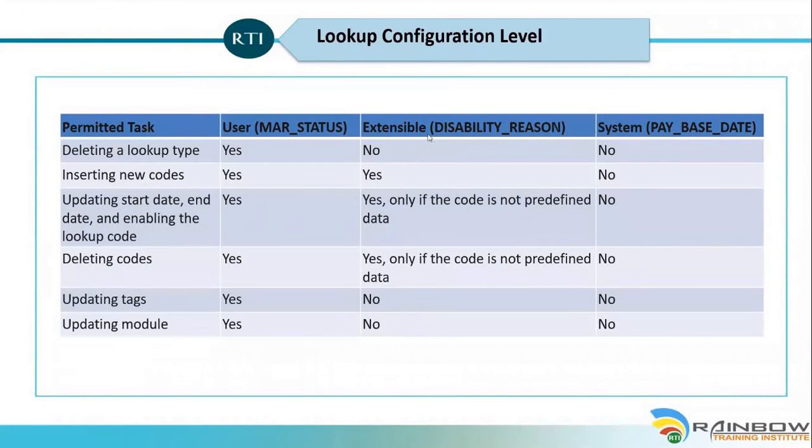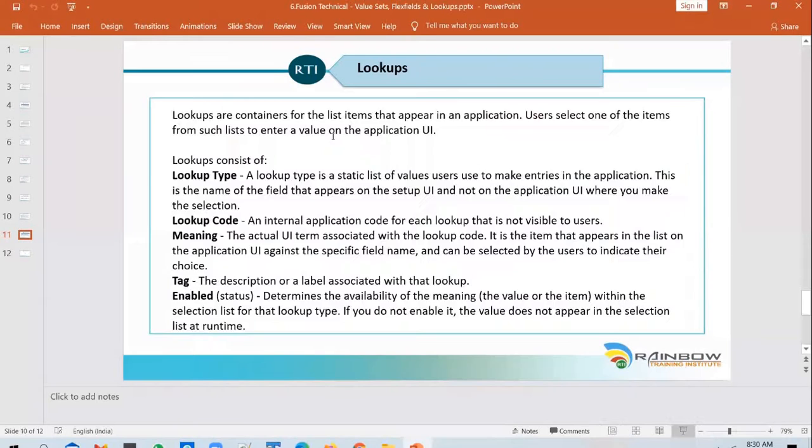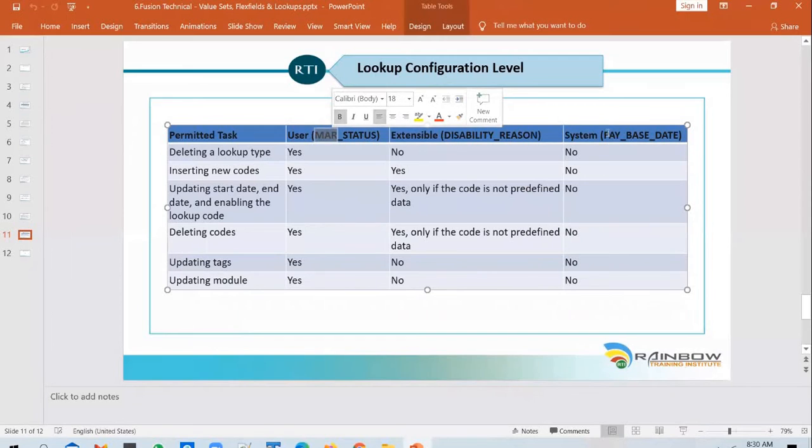But some of the lookups that Oracle delivered out of the box, they would have marked as extensible or system. Okay, so I've listed 3 lookups in brackets, which are again seeded lookups, all 3 given by Oracle, but with different configuration levels. So for example, let's search with a system lookup, A-based state.